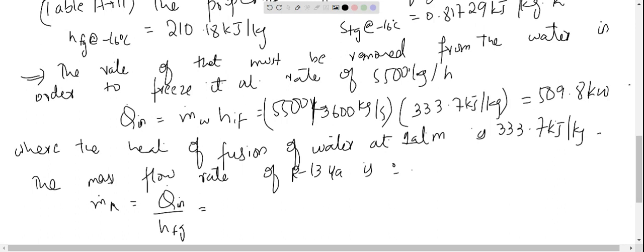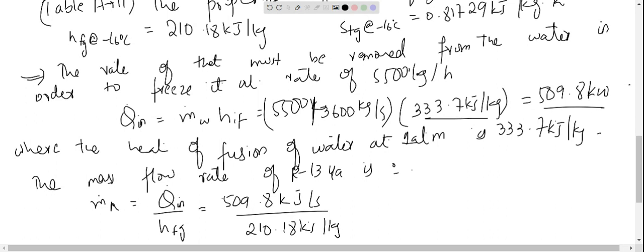As Q dot in, we found using the heat of fusion at 1 atm, 509.8 kilojoule per second, as kilowatt can also be written as kilojoule per second, where hfg is 210.18 kilojoule per kg. So this equals 2.426 kg per second.